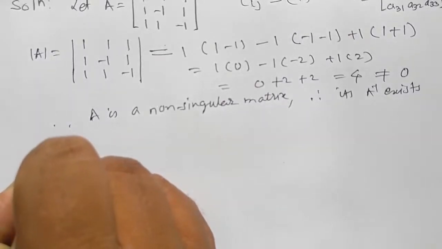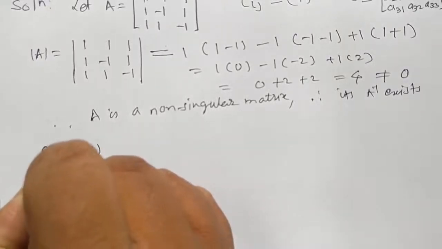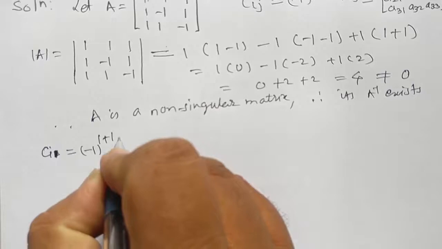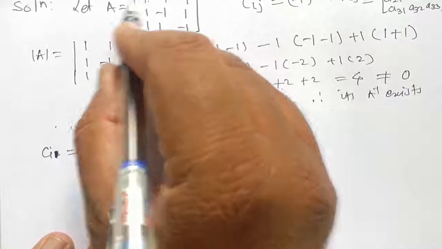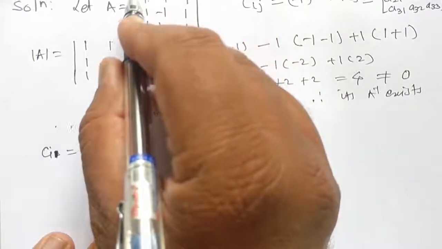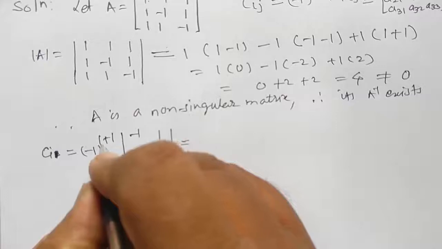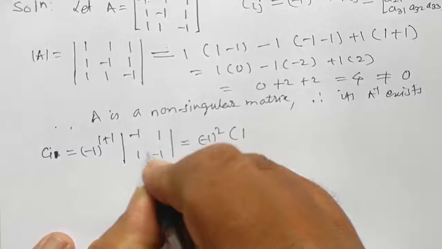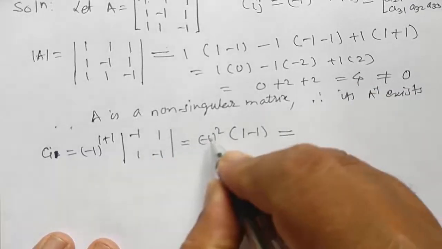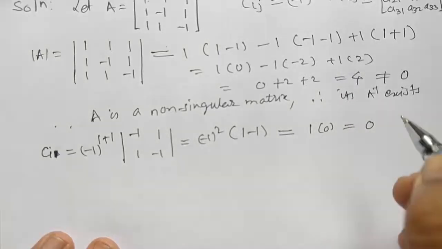C11 is equal to minus 1 raised to 1 plus 1. Now the minor is the determinant obtained by removing the row and column in which the element belongs, that is minus 1 1, 1 minus 1, is equal to minus 1 raised to 2 into (minus 1 times minus 1 is plus 1, minus 1), which is 0.